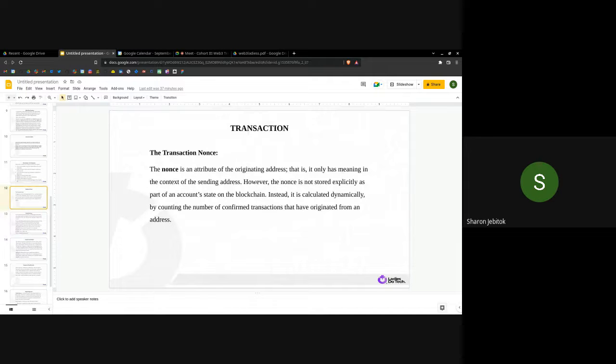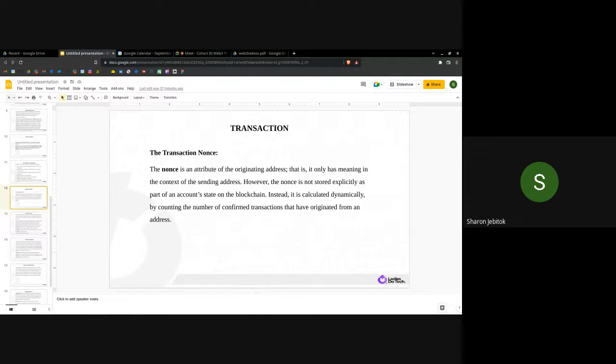So on nonce, just take note of understanding what the meaning of nonce is. At times you'll find that there could be a different meaning of the nonce. For example, at times they say that whatever the miner is paid is a nonce.